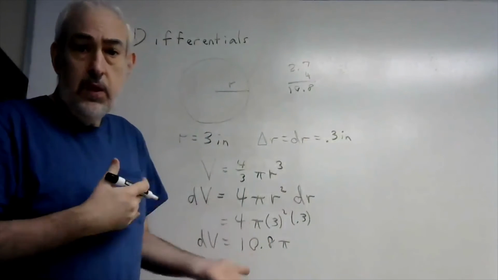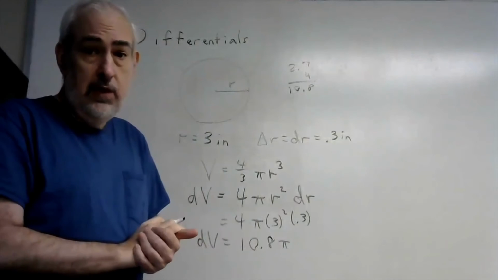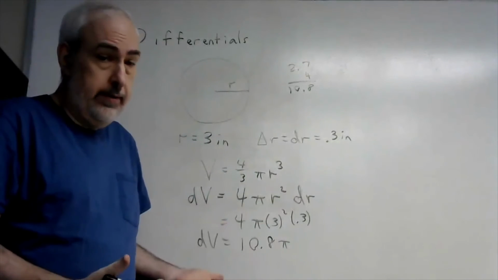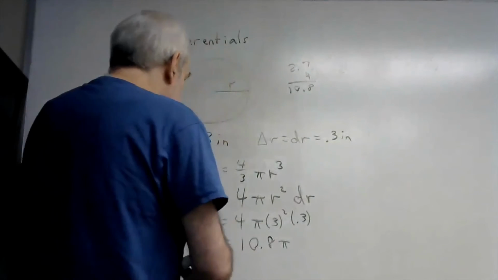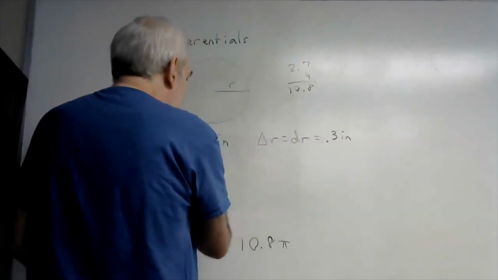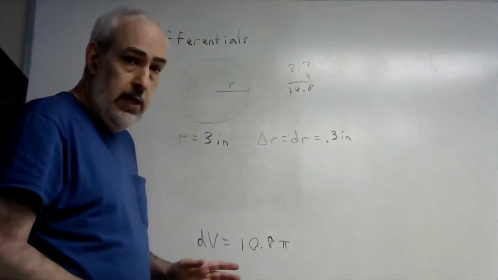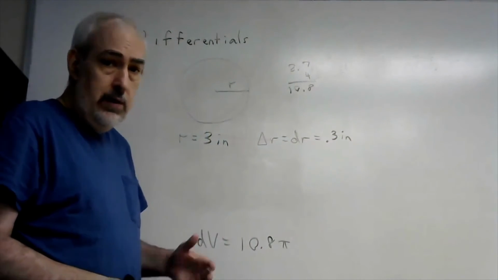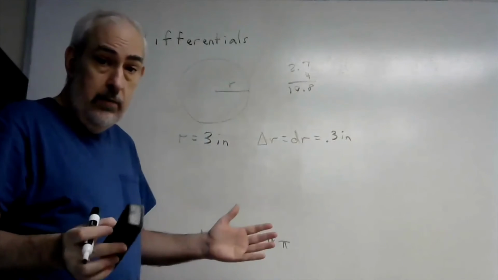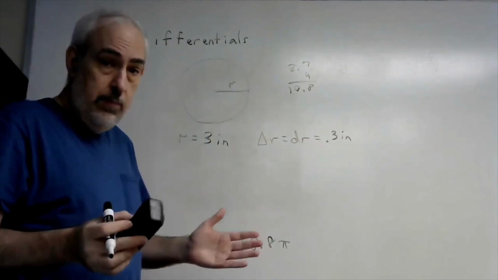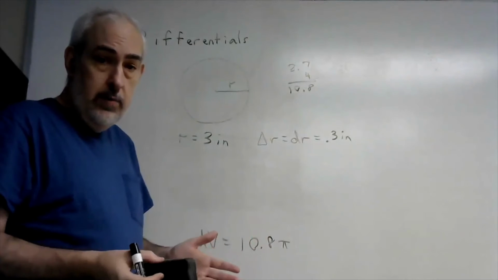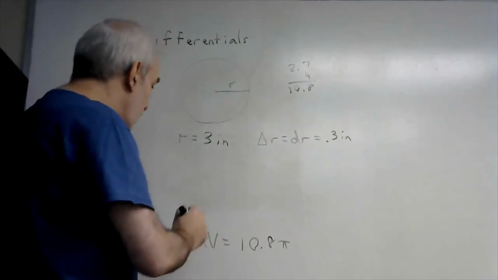Now, let's find the actual change in volume to see if we are actually close or not. Okay, so I'm just going to keep that there and calculate the change in volume just by considering the final volume, the volume when the radius is 3.3, and subtracting the volume at 3, and that'll be our change in volume.